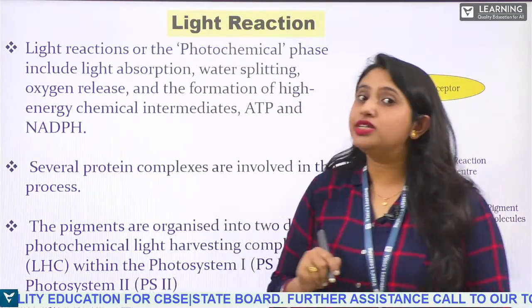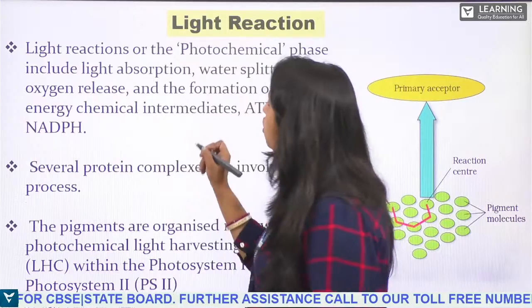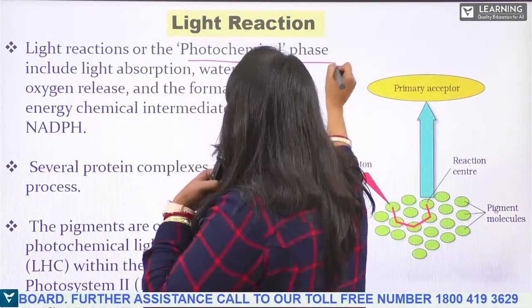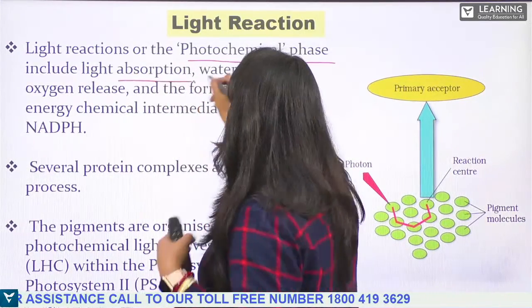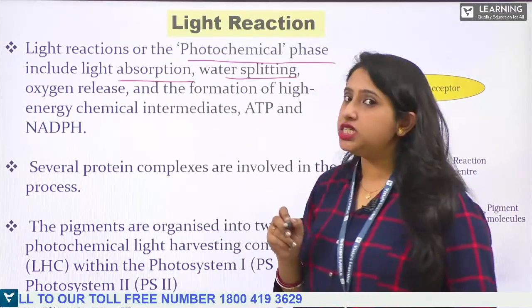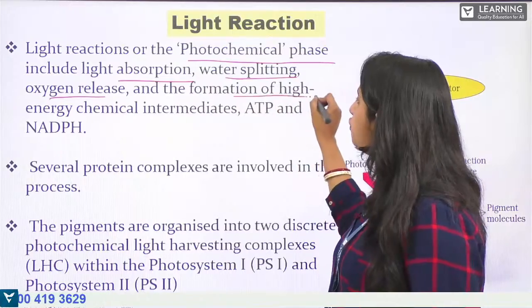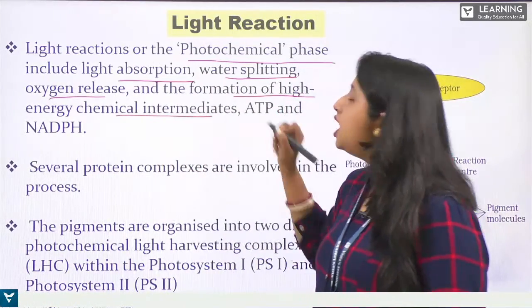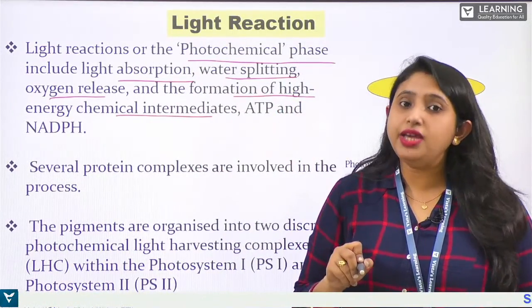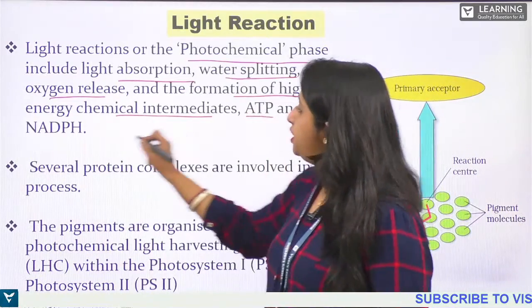Now, see what happens in light reaction. The light reaction or the photochemical phase includes light absorption, water splitting, oxygen release, and the formation of high energy chemical intermediates, that is ATP and NADPH.